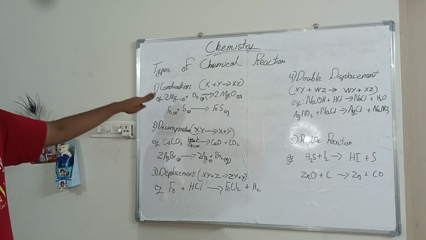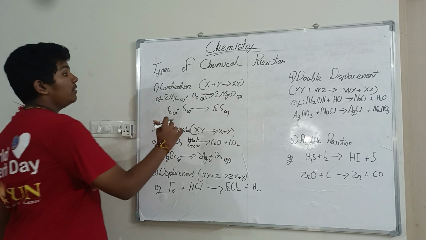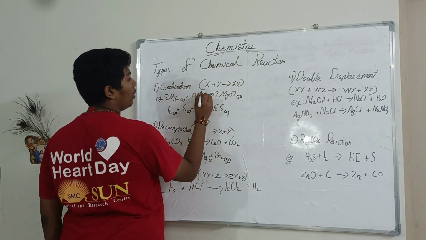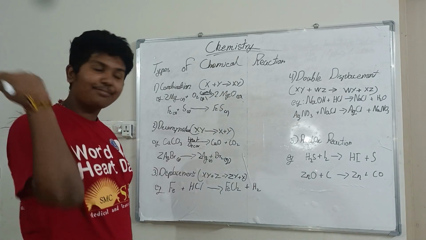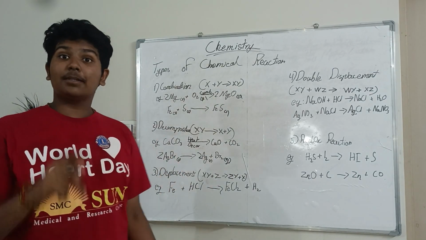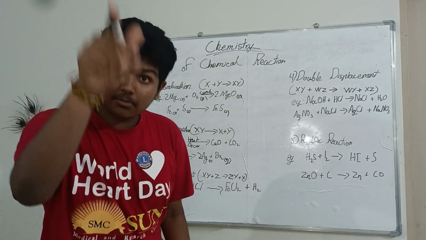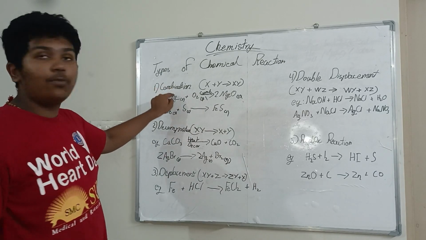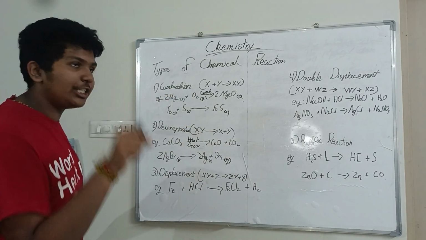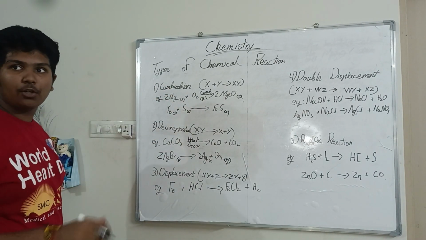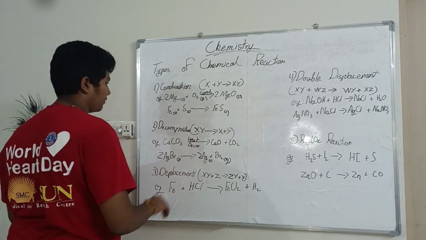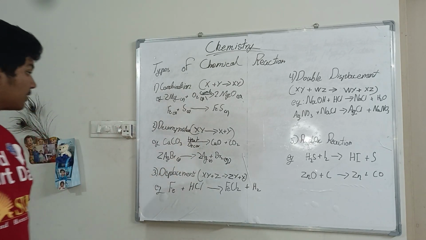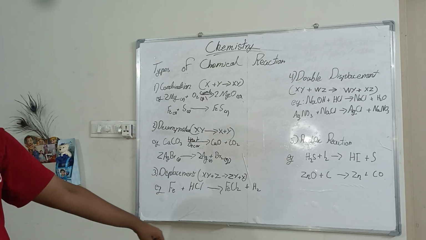And for this combination reaction, you have to write combination here. For now, I am just going to write com, but at exam time, remember, write the full name, combination, and here decomposition.